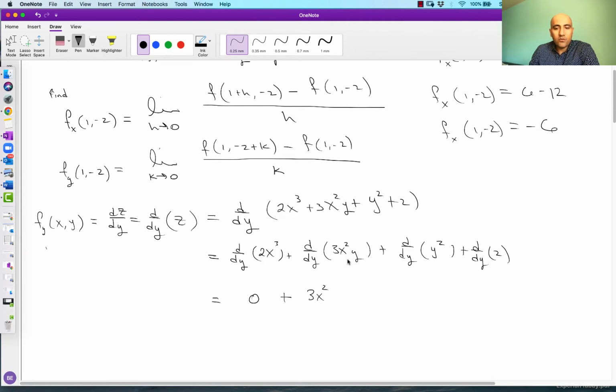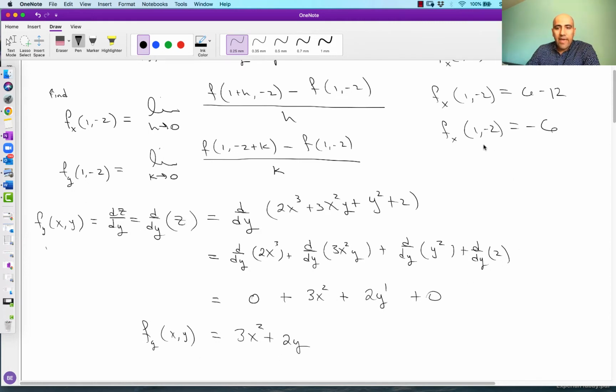So 3x squared y becomes just 3x squared, plus 2y to the power of 1 from here, and the derivative of the last term is 0. Good, so we end up with a derivative of 3x squared plus 2y. This is f sub y of x comma y, the derivative of our function with respect to y.